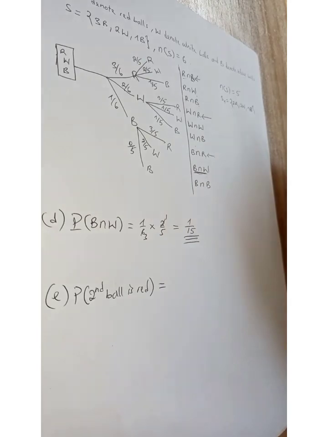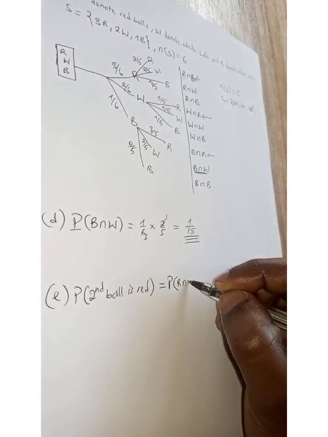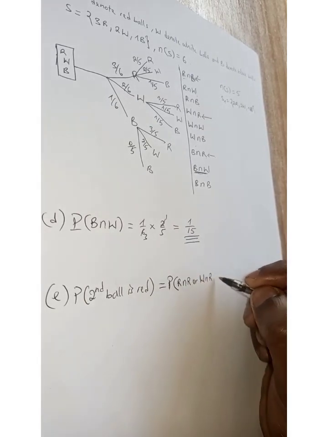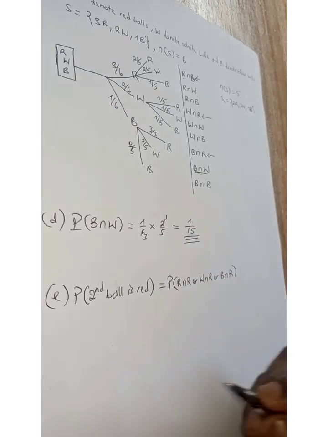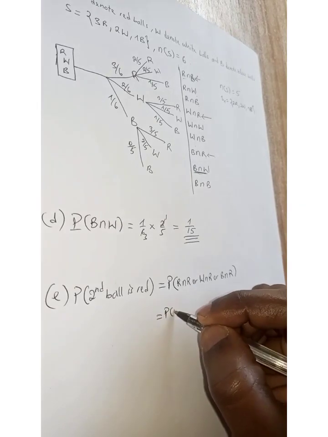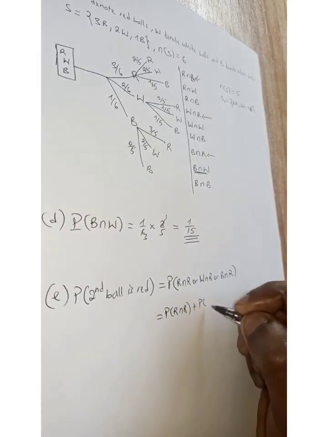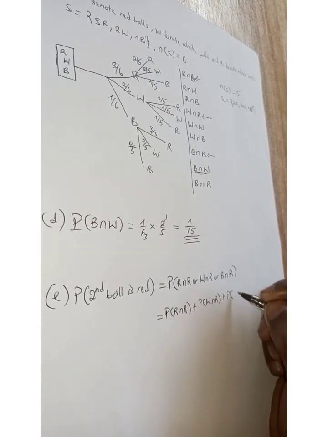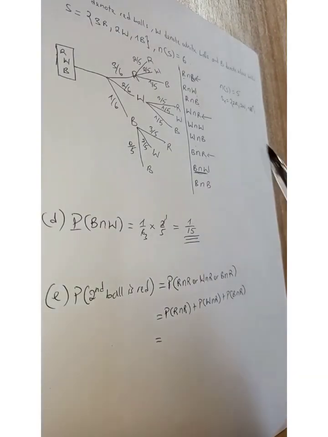So this is actually the probability of red and red, or white and red, or blue and red, which we now add as the probability of red and red plus the probability of white and red plus the probability of blue and red. Now, what was the probability of red and red?